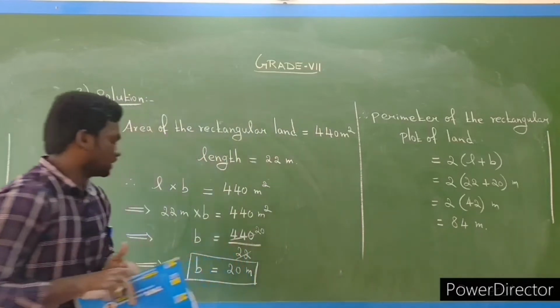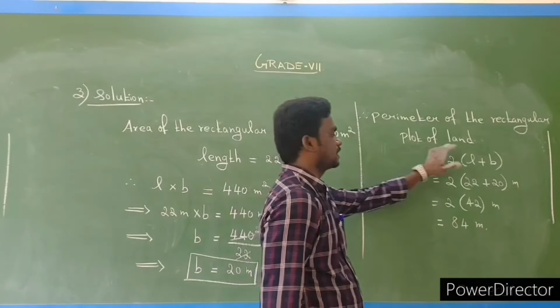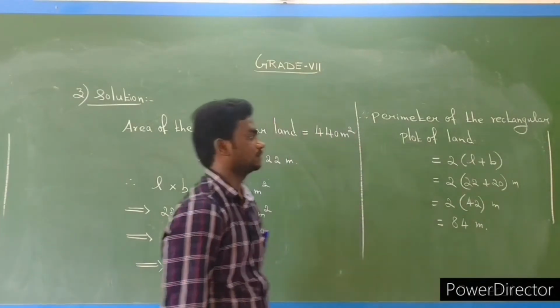So the breadth of the rectangular land is equal to 20 meter and the perimeter of the rectangular plot of land equal to 84 meter.